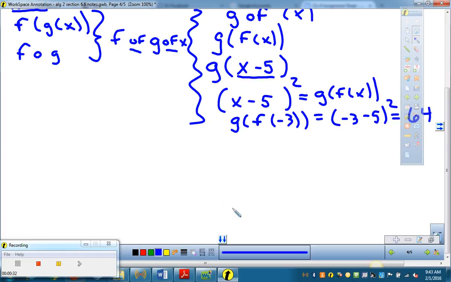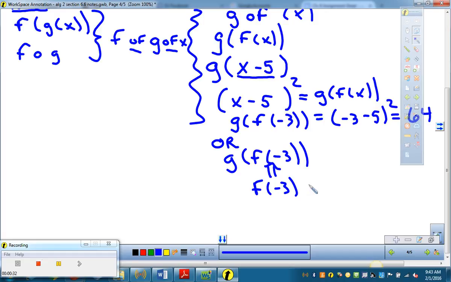Or, the second way we could do it, g of f of negative 3, we can find f of negative 3 first. F was x minus 5, so that's negative 3 minus 5 equals negative 8. And then plug that into g.